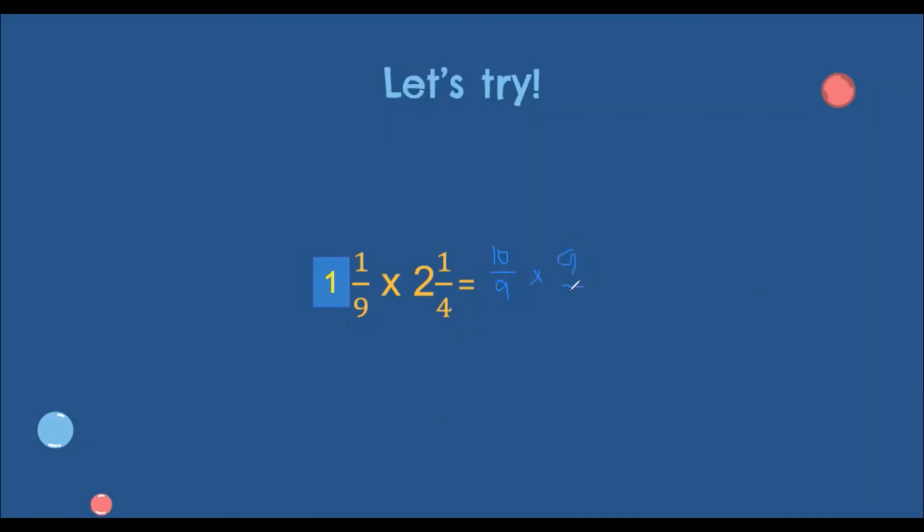9 over 4. Next step, in multiplying fractions, top times top, bottom times bottom. Top times top, 10 times 9, that is 90. And 9 times 4, the answer is 36.